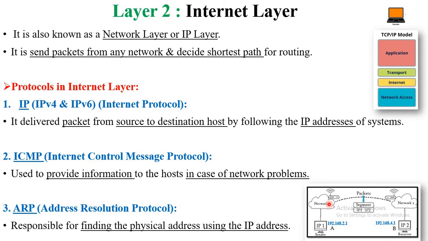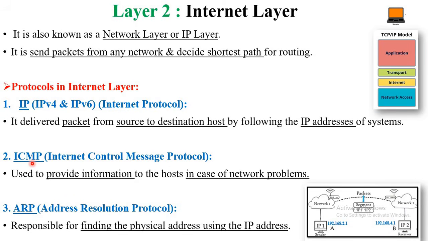So accurately they send this packet to B PC in network 2 in this way. Clear? So for that purpose an IP protocol is used. This IP protocol delivers a particular packet from source to destination, from sender to receiver, according to the IP address.